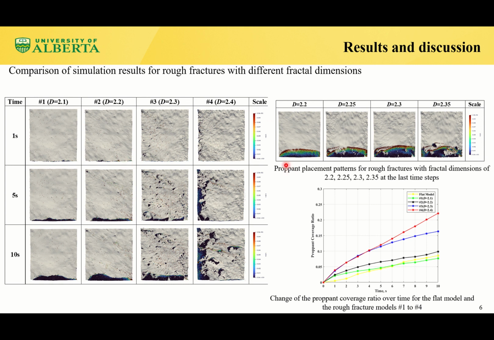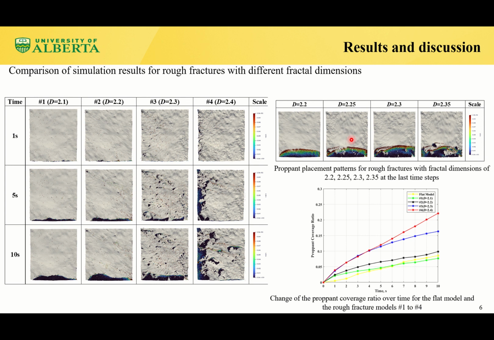This picture shows the proppant placement patterns for rough fractures with fractal dimension 2.2, 2.25, 2.3, and 2.35. It can be seen that when the fractal dimension increases to 2.25, there is a gradual transition from the regular sand dune to the irregular sand dune.